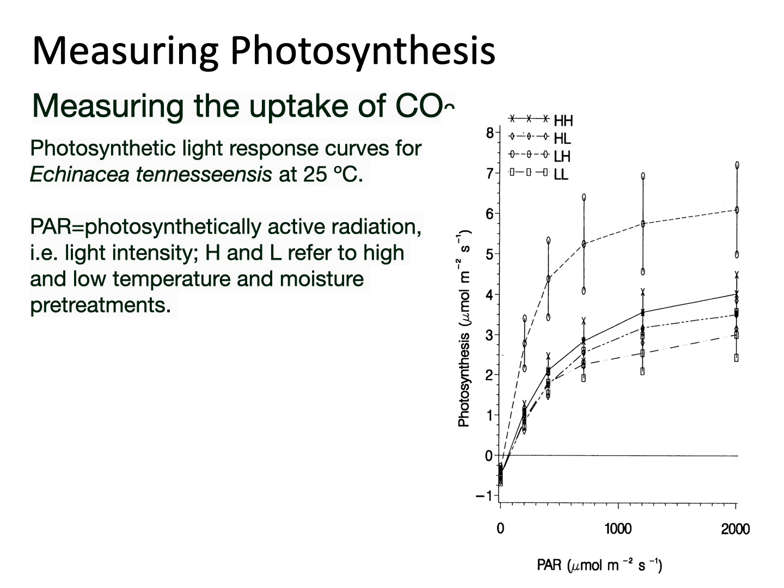So these data here are showing on the bottom the intensity of photosynthetically active radiation, right? So that's light, excuse me. And with increasing light, how is that affecting photosynthesis?